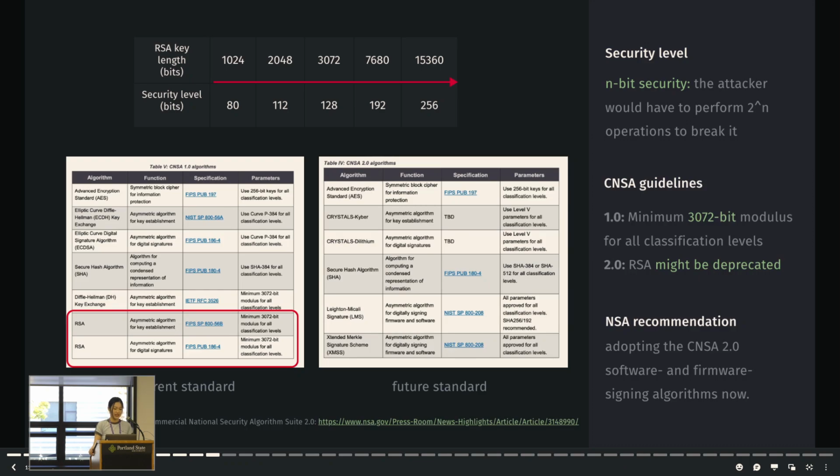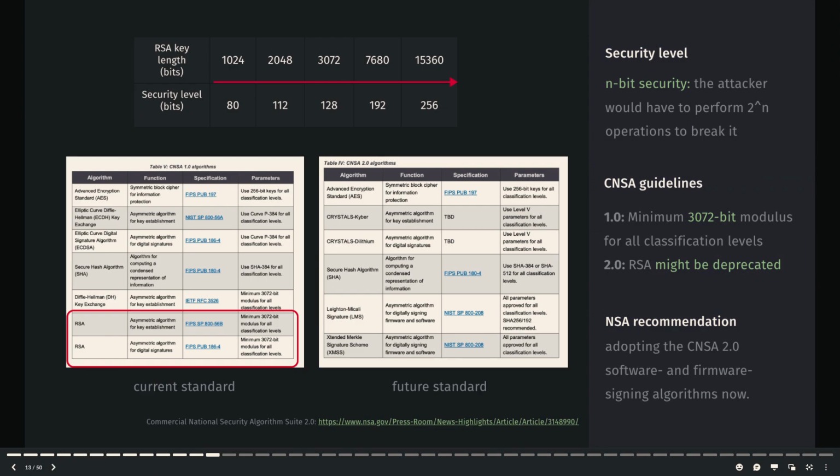The recommended length, however, is a tricky question. The standards are changing fast, so I want to be cautious, and I'm not saying anything for sure here. Just to give you some insight, I'm showing you the CNSA guidelines. The CNSA, which is the Commercial National Security Algorithm Suite, is a set of cryptographic algorithms promoted by the National Security Agency.